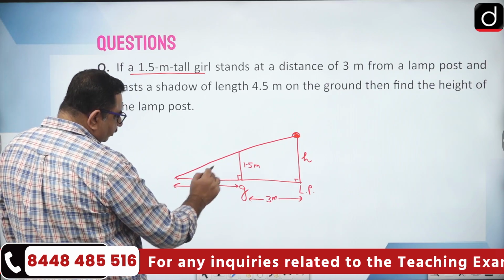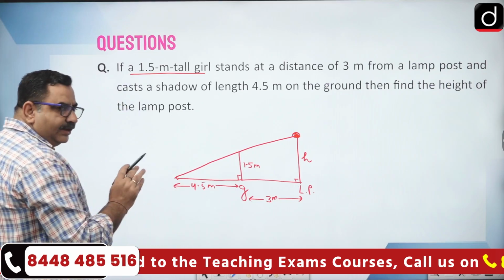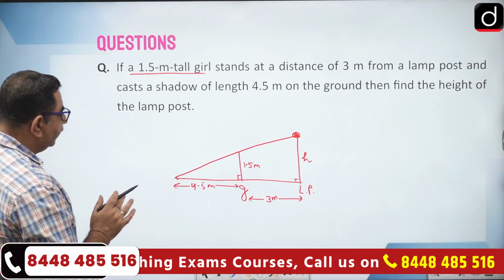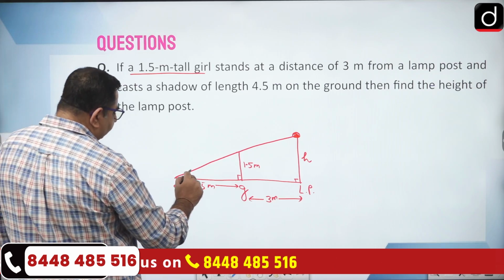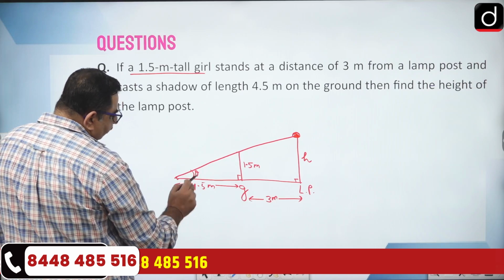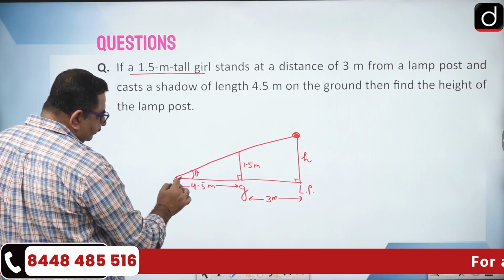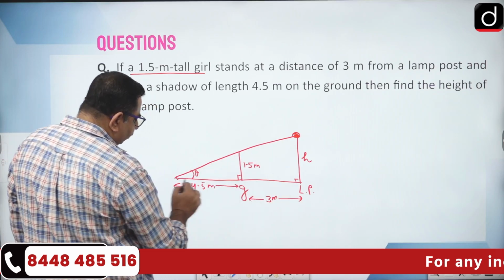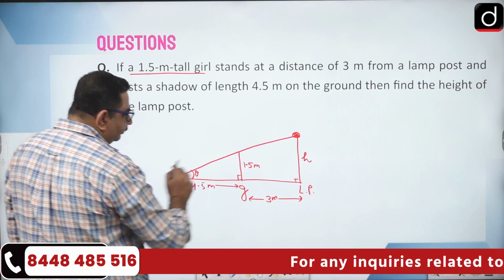Can I say both the right angle triangles are similar, right? That I can say, and I can apply height by height, base by base. Suppose this angle is theta. In this triangle tan theta is height by base, and in the bigger triangle also tan theta is height by base, right?